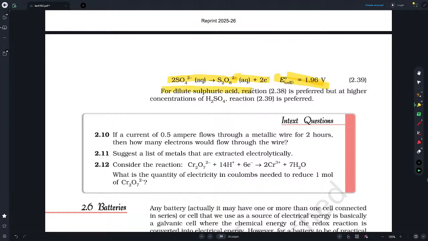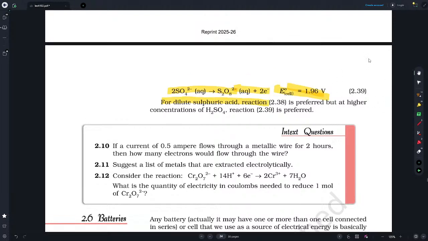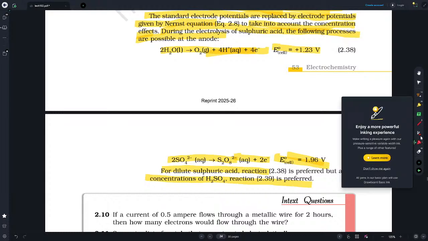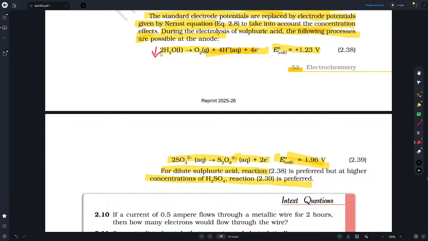For dilute sulfuric acid, this reaction is preferred. But at higher concentrations of H2SO4, 2.36 is preferred. This reaction happens when the H2SO4 concentration is very low.